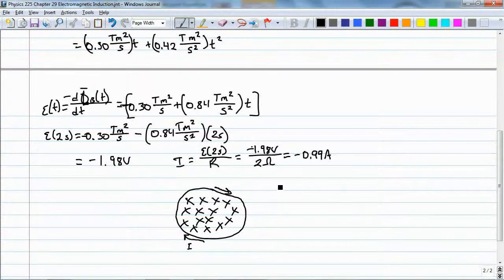So the way I would do the right-hand rule, this I is going in the clockwise direction.